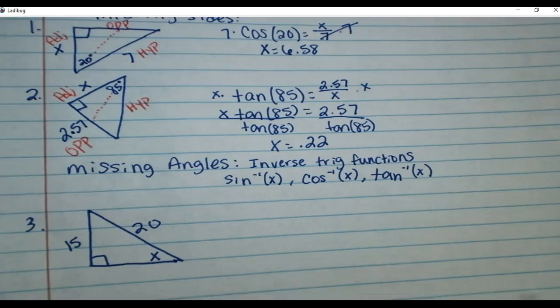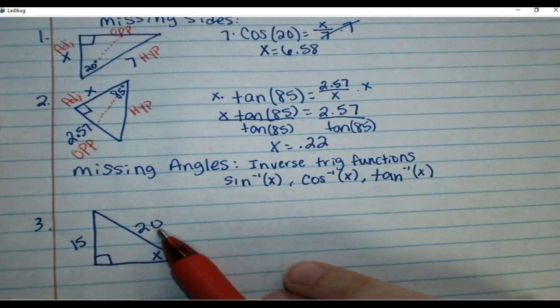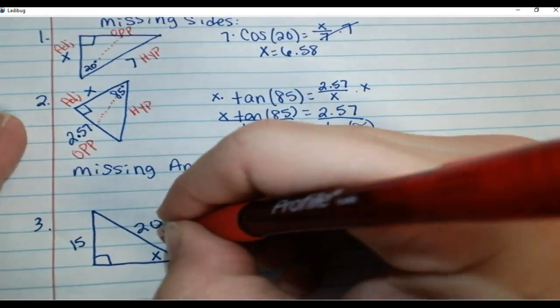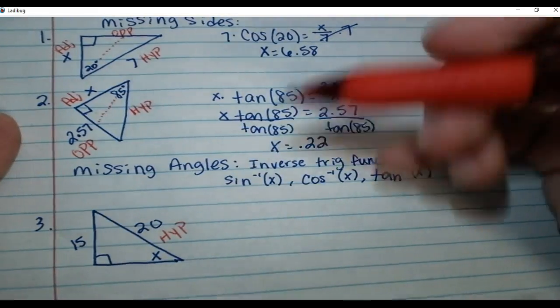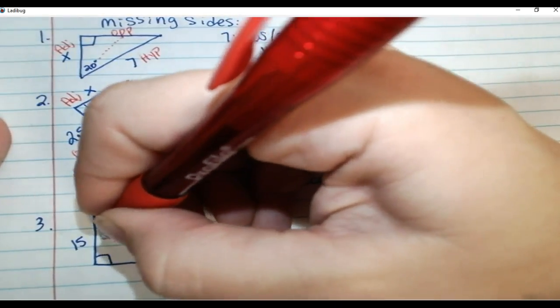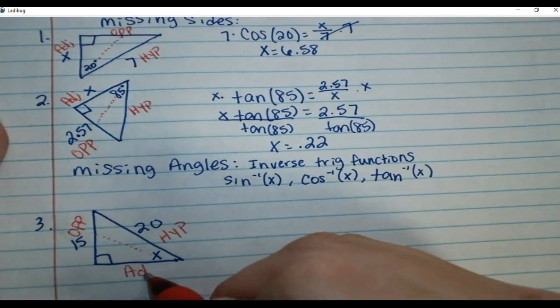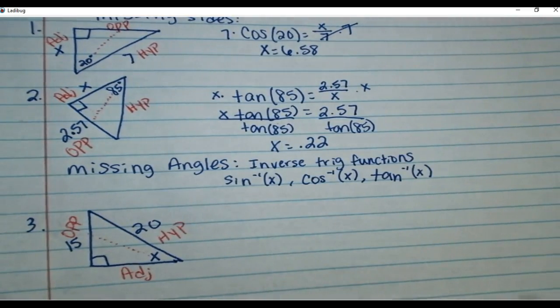Okay, so in these, you still want to start by labeling the triangle. So here's our right angle, across from it's our hypotenuse. Now in this one, we don't know our angle down here, x, but that's what we're trying to find. So that's still the one that our sides are based off of. So my dotted line takes me to the opposite, and then that leaves me adjacent. So which trig function do I use?